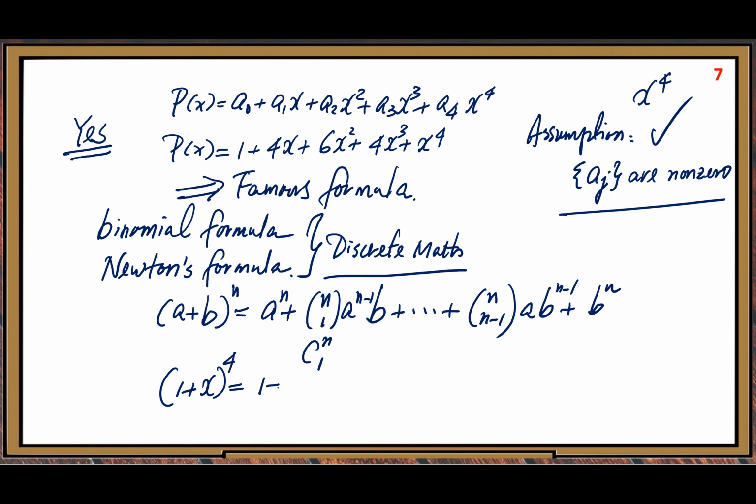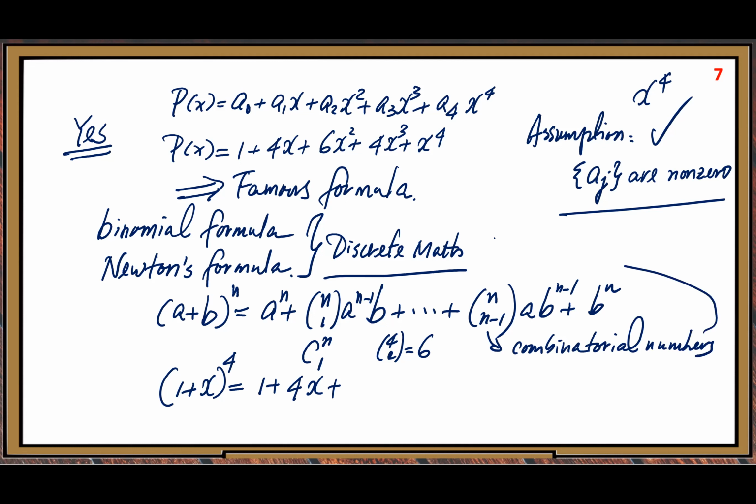So 1 plus 4 choose 1, that is 4x, right? 4 choose 2 equals 6. I hope you know how to calculate the combinatorial numbers.